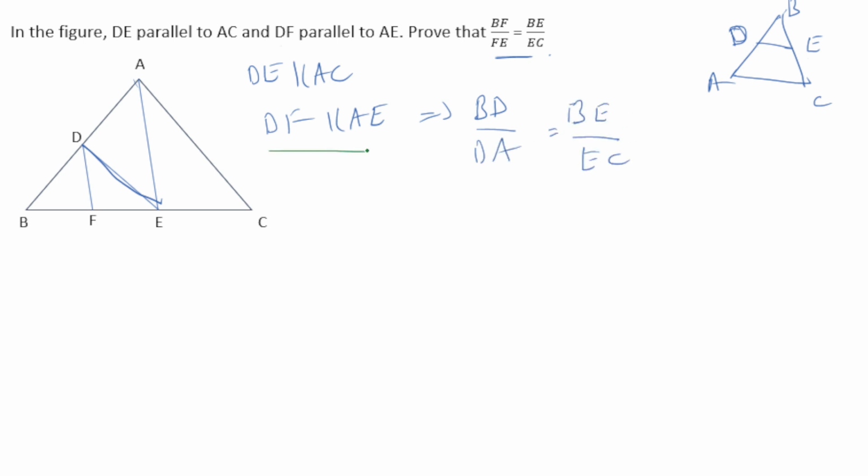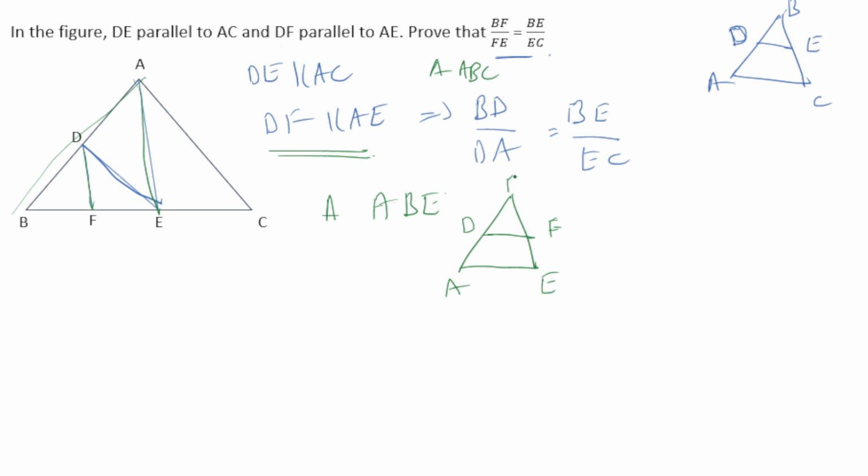And DF is parallel to AE. So if you see triangle ABE, DF is parallel to AE, and here it is B. So DF divides AB and BE in equal ratio.